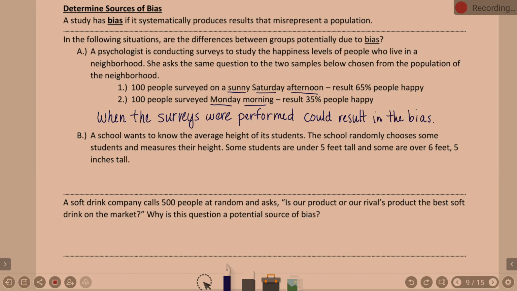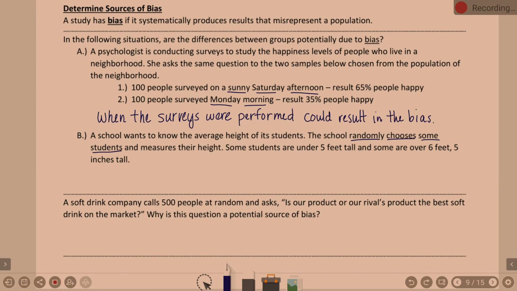No, it's random. Now, it says the school randomly chooses some students. Did it say it randomly went someplace specific and chose students?